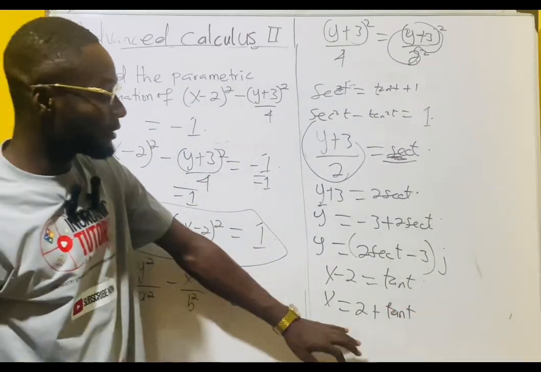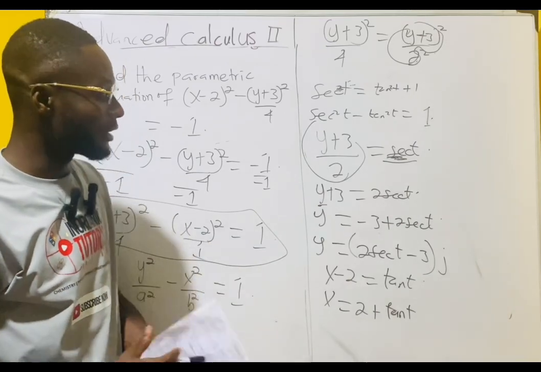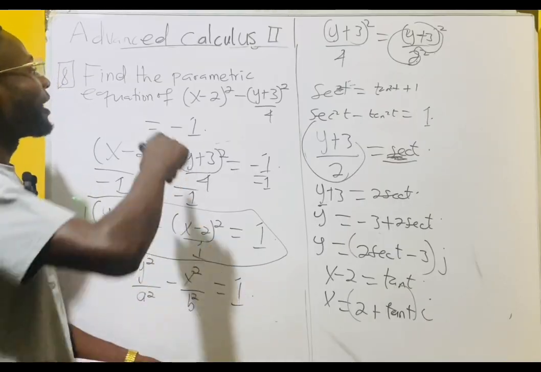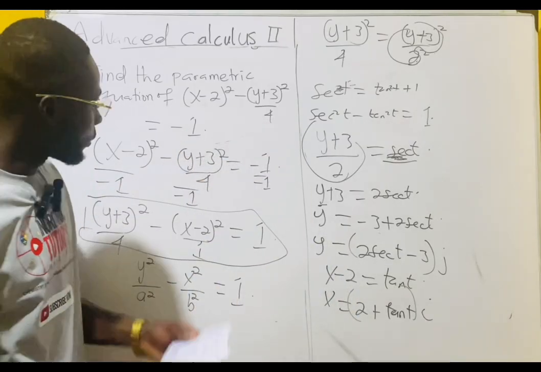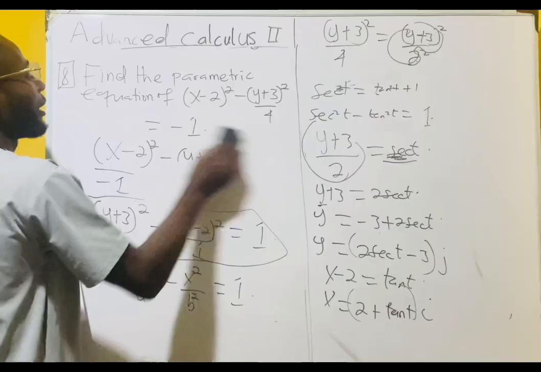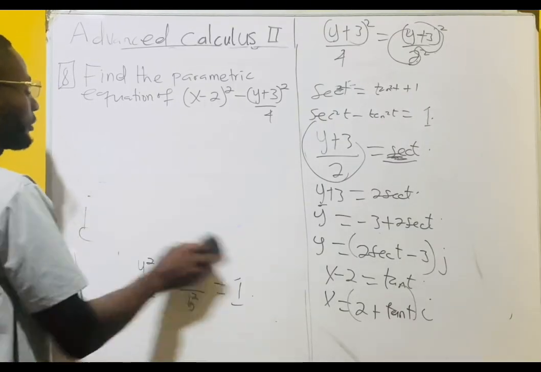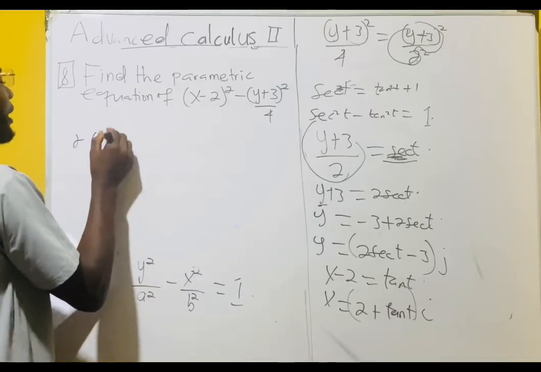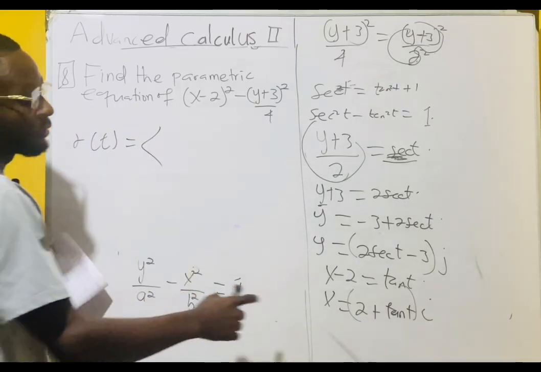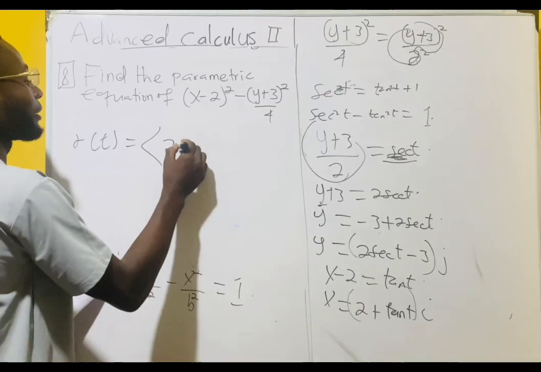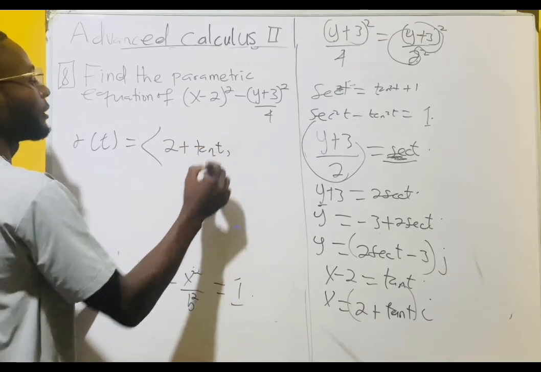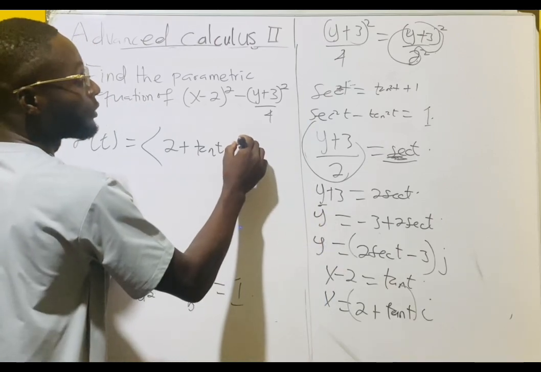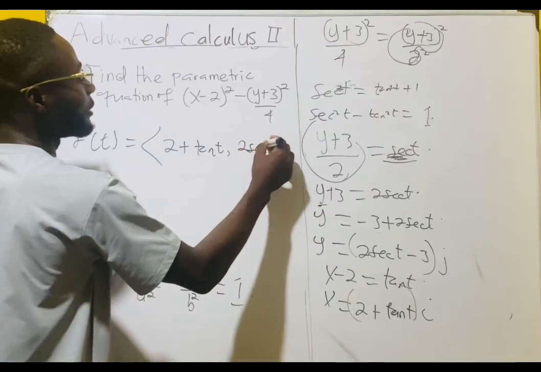So we have x equal to 2 plus tan t, and in a nutshell, this is our i component. So our parametric equation will be r of t equals the i component, which is 2 plus tan t, and the j component, which is 2 sec t minus 3.